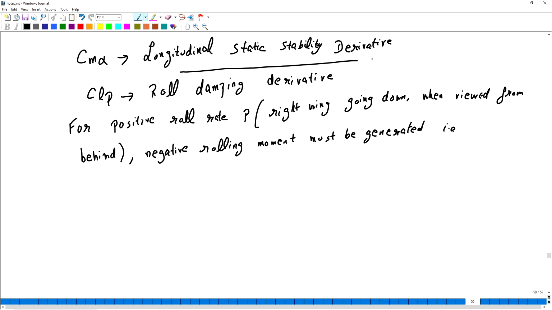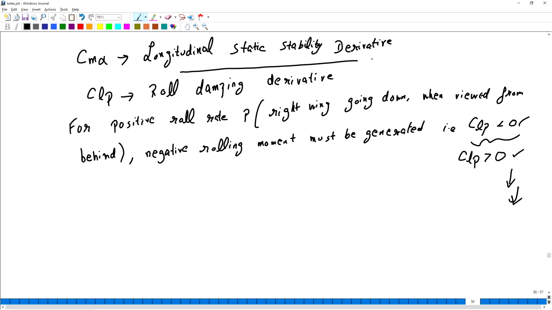That is CLP less than 0. So what we did in simulation was we kept CLP as positive. That means once the right wing went down, if this is positive, it went further down. It should have the tendency to come back to its original position. Hence CLP should be negative.